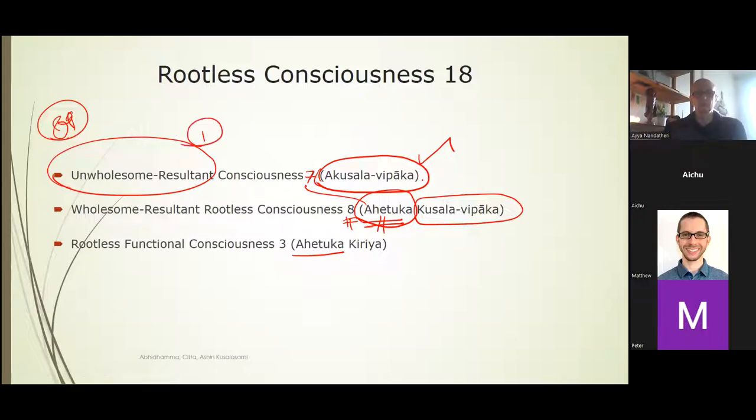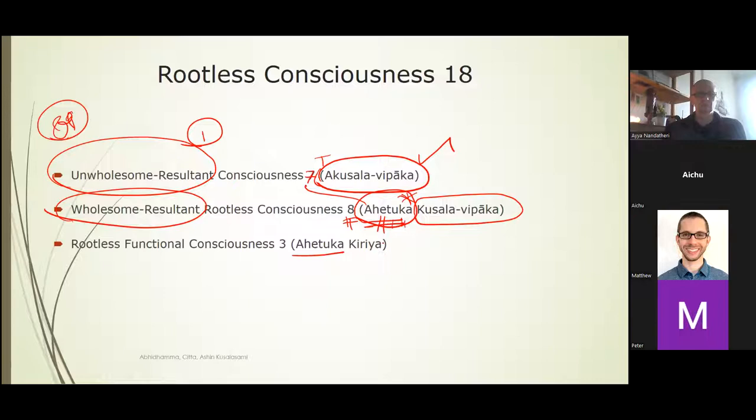That's why we don't need to put ahetuka here. And wholesome resultant is not only 1. So altogether there are 4 kinds of wholesome resultants, in rootless consciousness and the next group, sense-sphere beautiful consciousness. That's why ahetuka is put here, but here there is no word ahetuka.